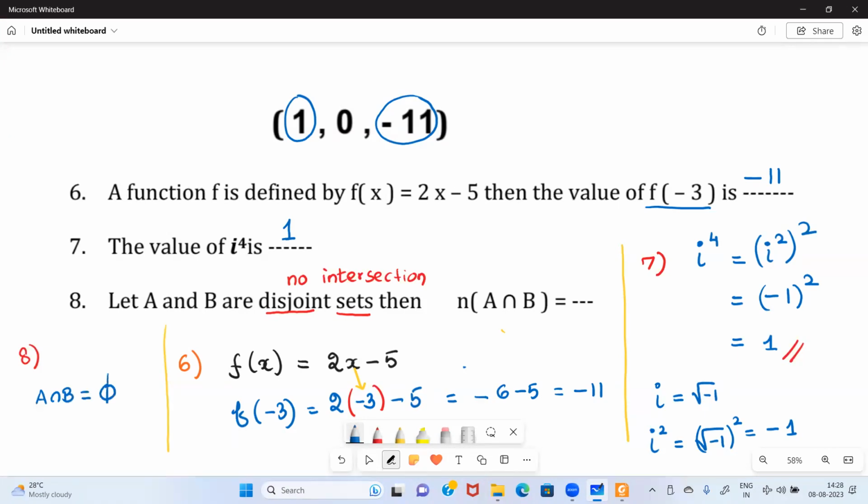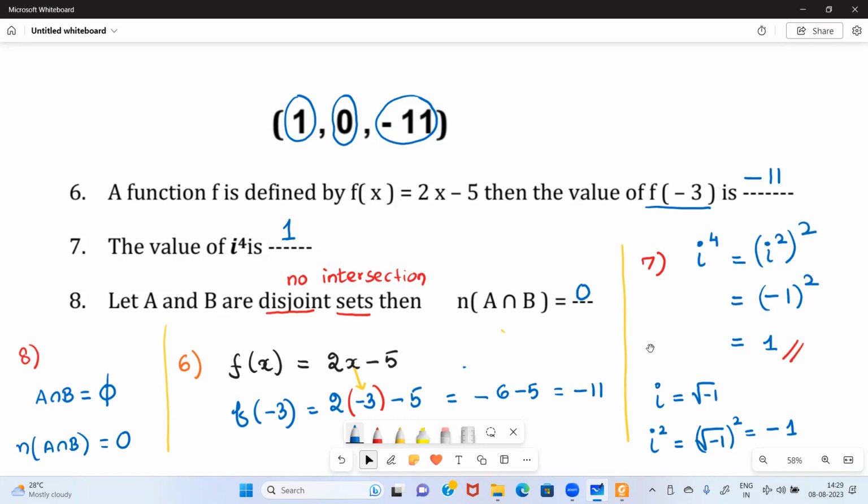Yes, it is a null set. So how many elements will be there in it? Nothing. So the number of elements in A intersection B will indeed be 0. Therefore, the answer for the 8th question is the left out option, which is 0. Is it clear, students? Quite simple.